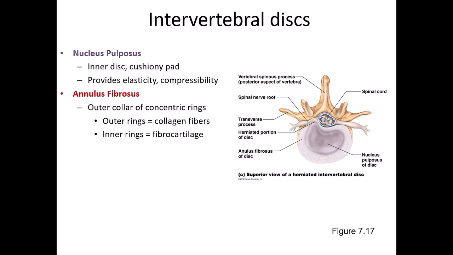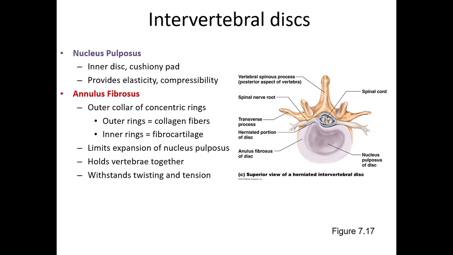The annulus fibrosus, in addition, contains the nucleus pulposus, helps to maintain the shape and the integrity of the disc to allow it to do its job of absorbing compressive forces. They also connect the vertebral column and help to withstand torsion, right? Torsion, we are twisting forces, and tension. Tension was your pulling forces.